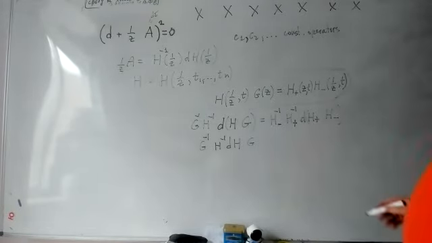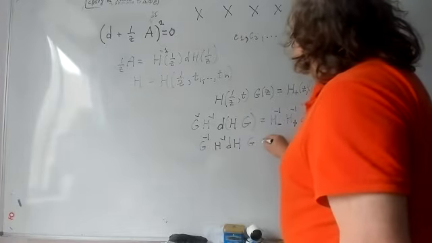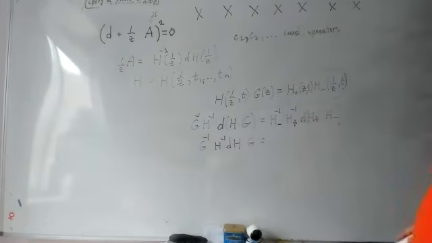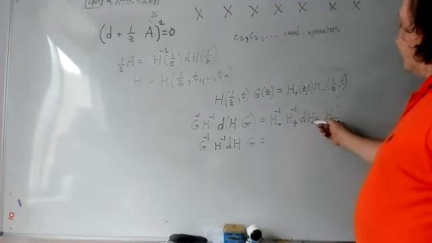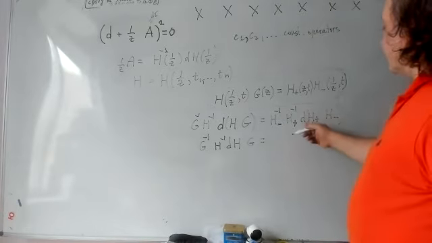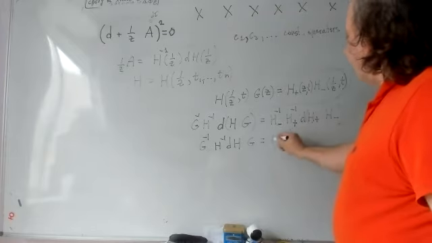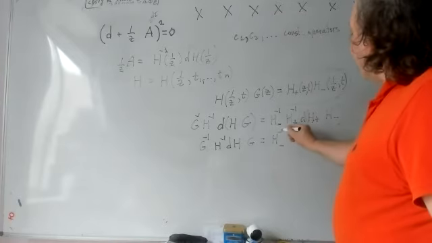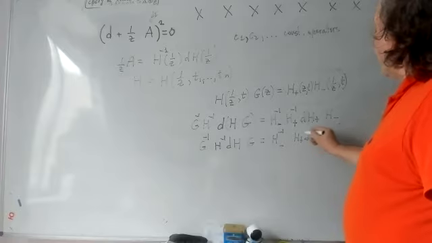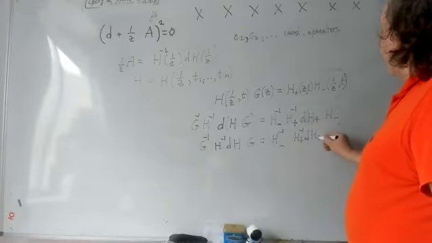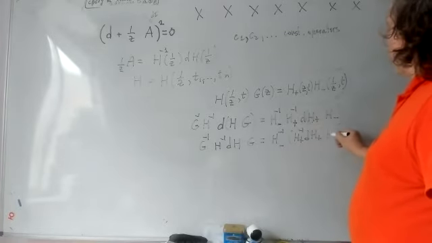So let me see. On the right-hand side, first I differentiate here. So I get H_-^{-1}, here I have H_+^{-1} dH_+, and here I have H_-.